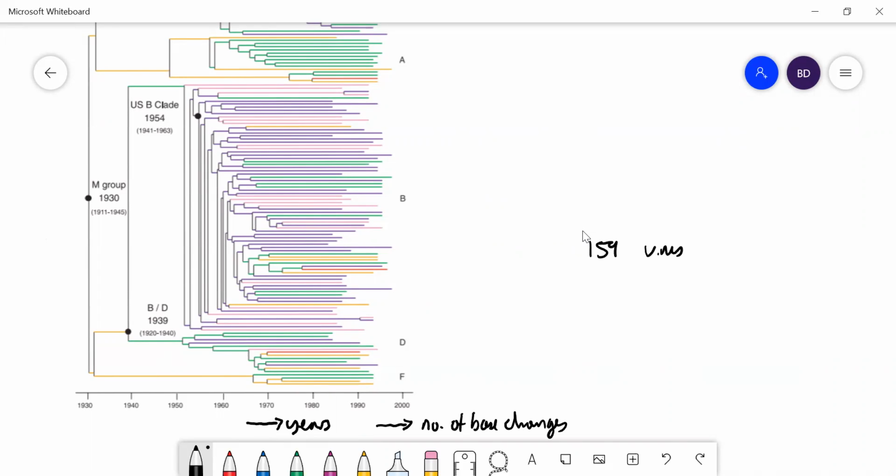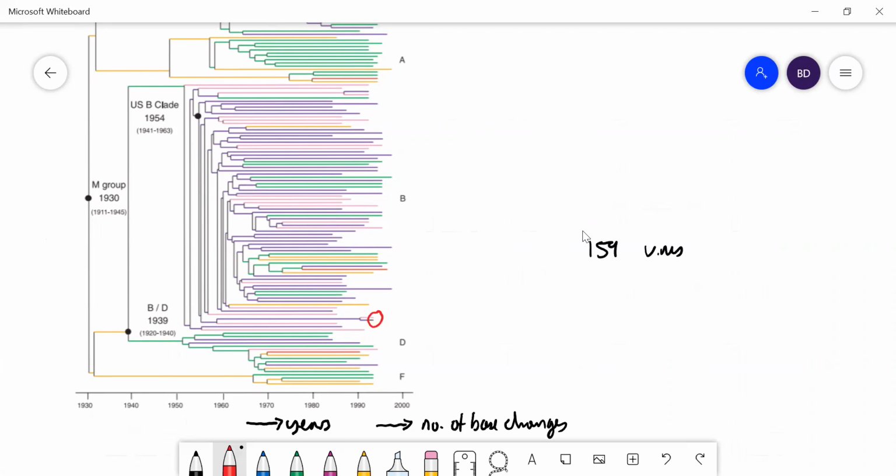If you look at these 2 here, you see that little branch there. Those 2 must have very similar sequences because they're only slightly different to each other, and if you look at the scale, that's about 5 years. They probably diverged about 5 years before the samples were collected, and they're in the B clade.